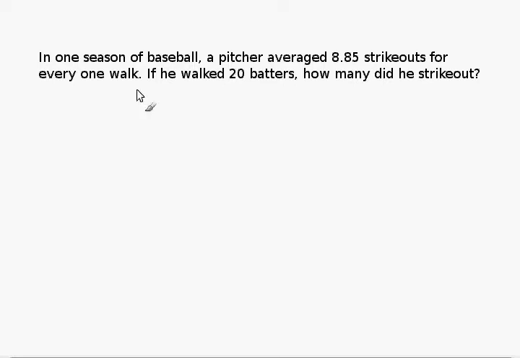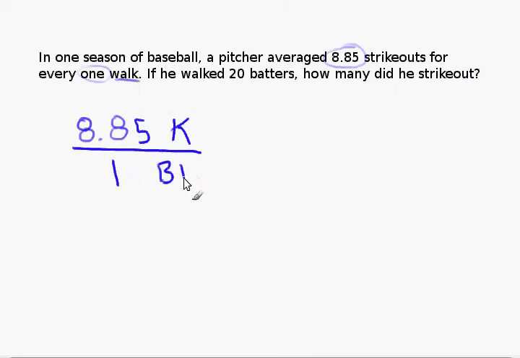That is like Hall of Fame record books level. Okay, so we'll start with how we did the last problem. 8.85, and this is strikeouts for every single walk. K is a strikeout, BB is a walk.